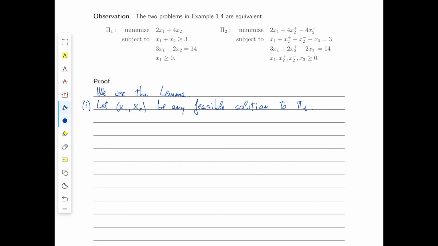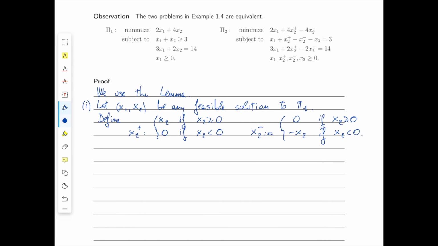And we're going to use exactly the intuition that allowed us to construct pi2 in the first place. So we define x2 plus as x2 or 0. So x2 if x2 is greater than or equal to 0, and 0 if x2 is negative. On the other hand, x2 minus is defined as 0 if x2 is greater than or equal to 0, and minus x2 if x2 is negative.